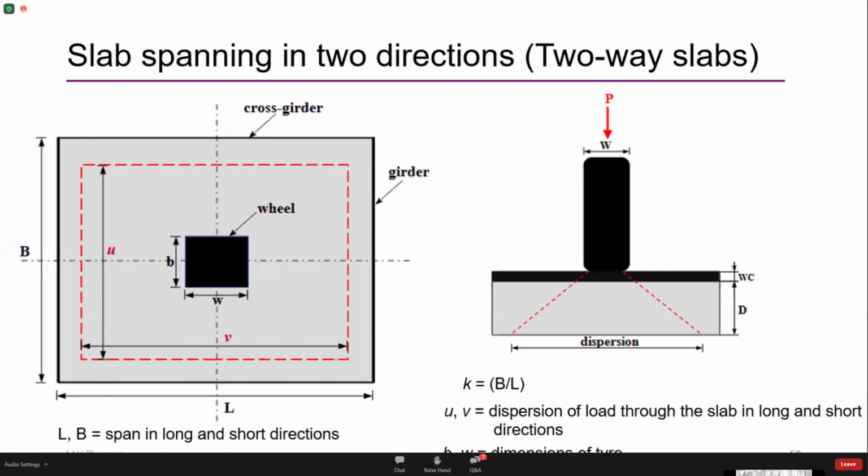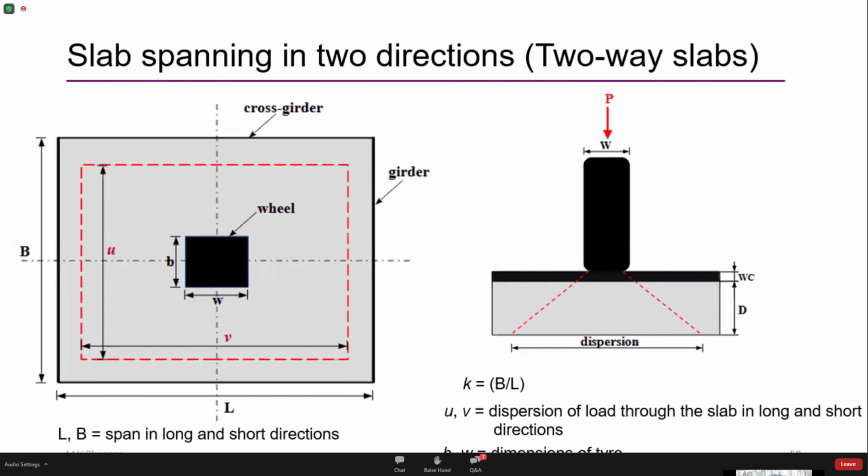This is the cross section of the slab. This is the wearing coat, and this is the structural slab. The wheel is placed centrally and it carries some axle load P, so the contact width of the wheel on the deck slab is given as w. These are the notations I have used.